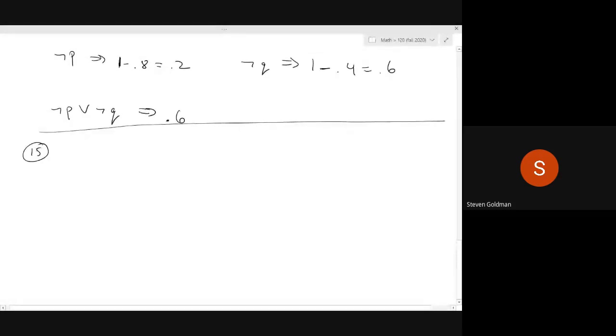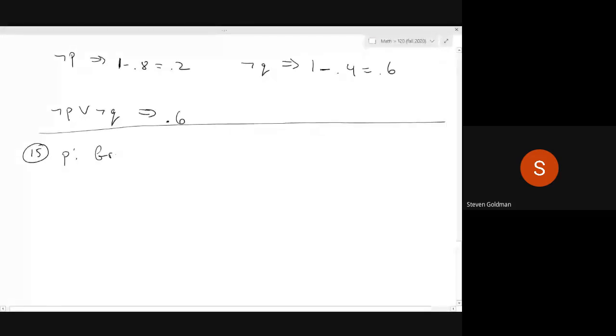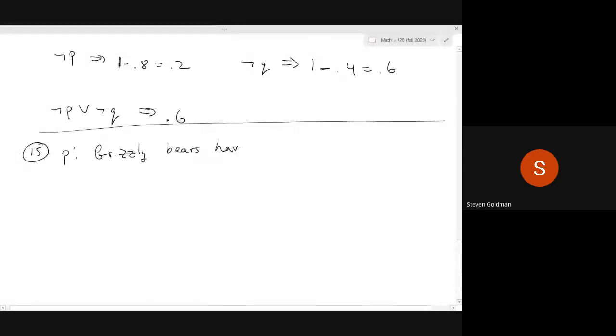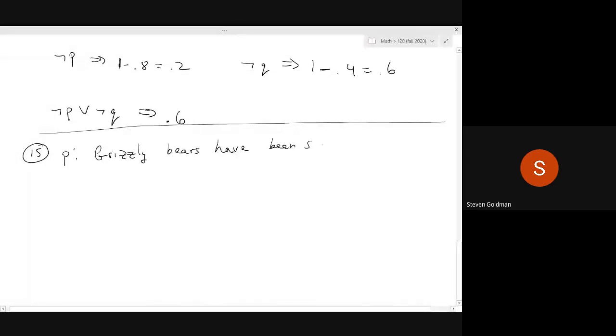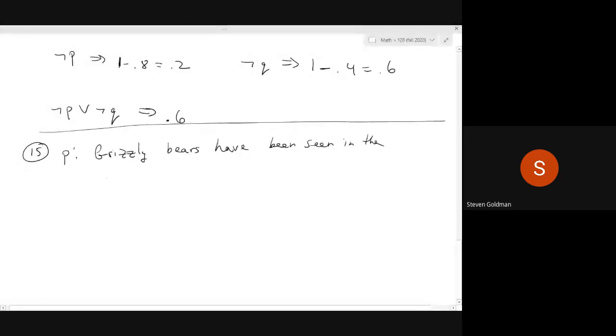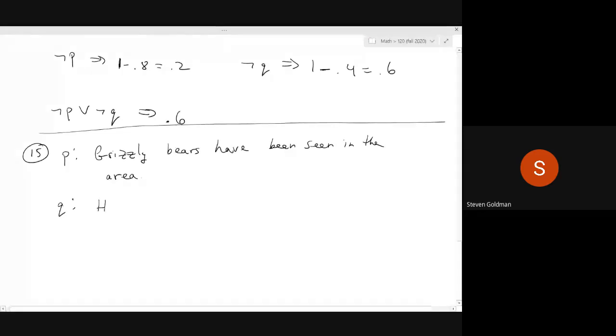All right, so question 15 was as follows. Let P, Q, and R be the following propositions. P is the proposition grizzly bears have been seen in the area. Q is the proposition hiking is safe on the trail.